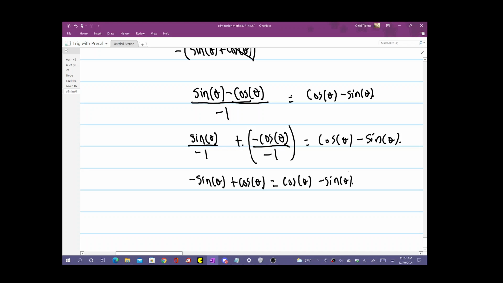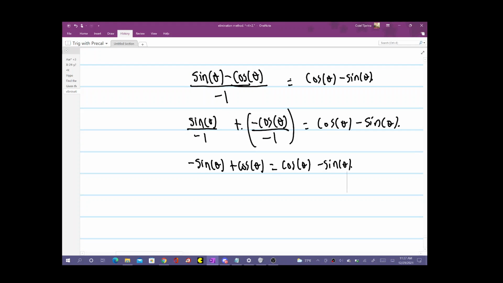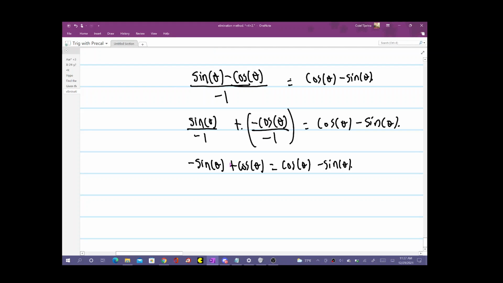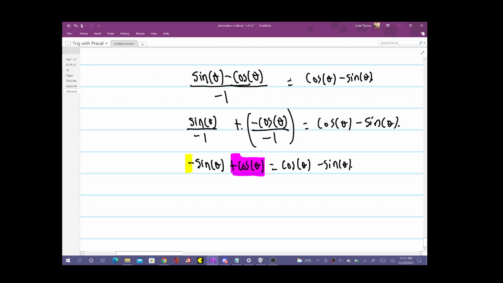Now how do we get it from this to this? How do we make this equal to this, right? Well, you can look at your terms. You have a positive cosine of theta right here, and you also have a negative sine of theta right here.